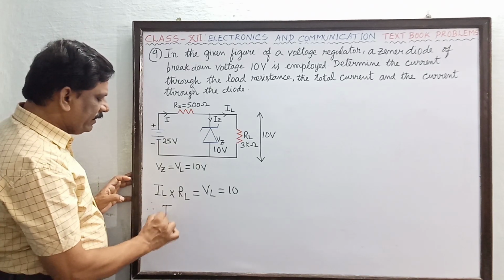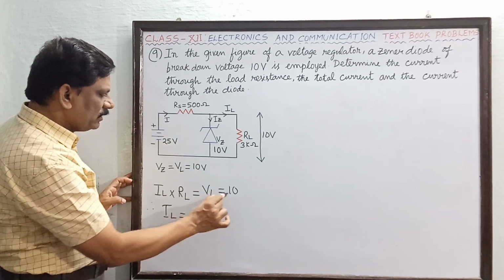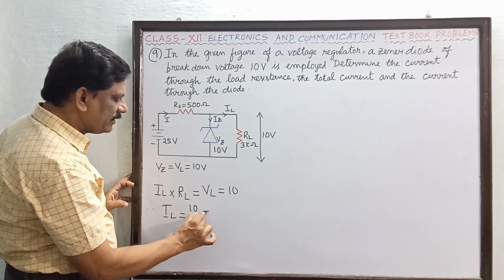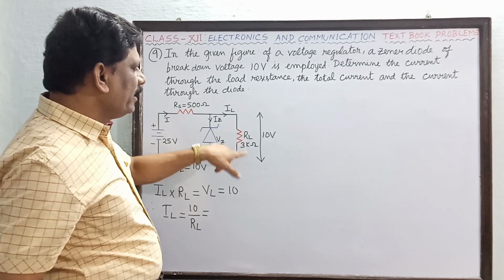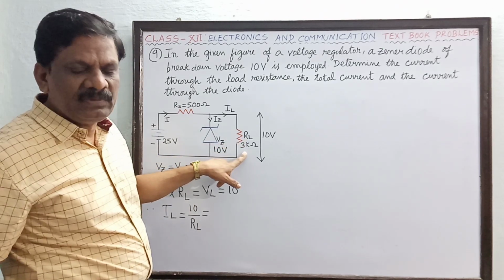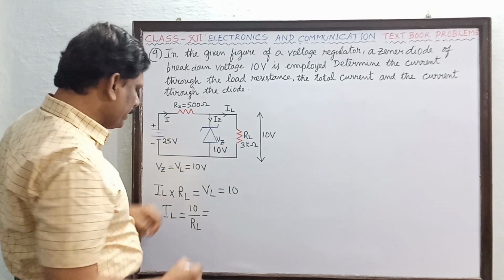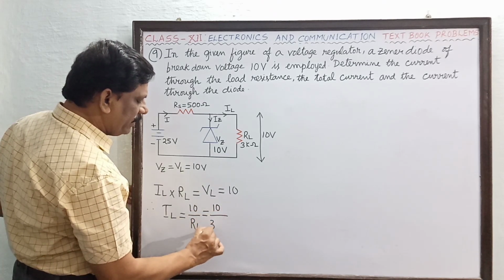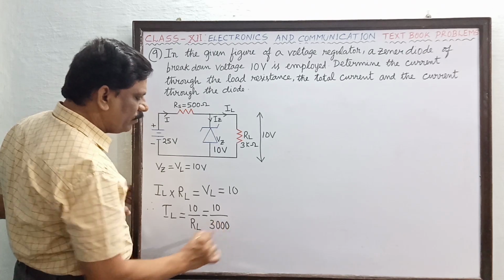Therefore, IL is equal to 10 divided by RL. The RL value given is 3 kilo ohm, 3 into 1000. So this is equal to 10 divided by 3000.